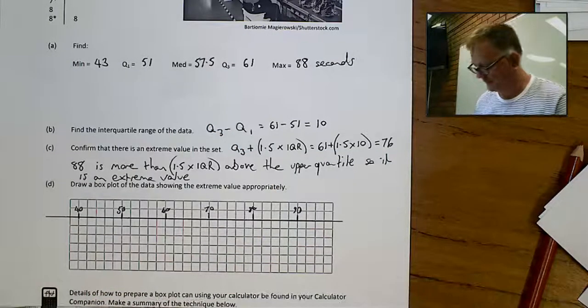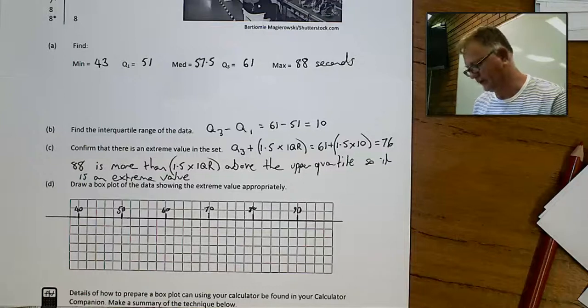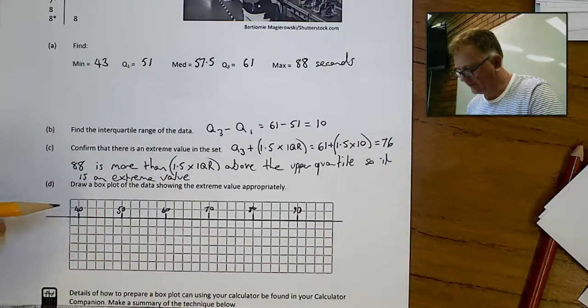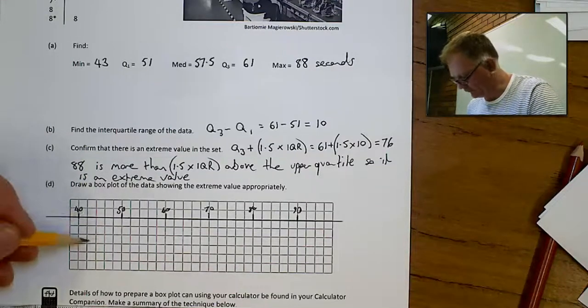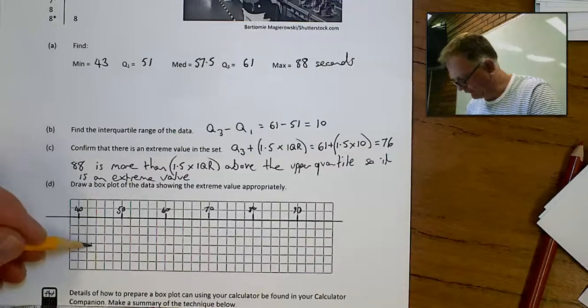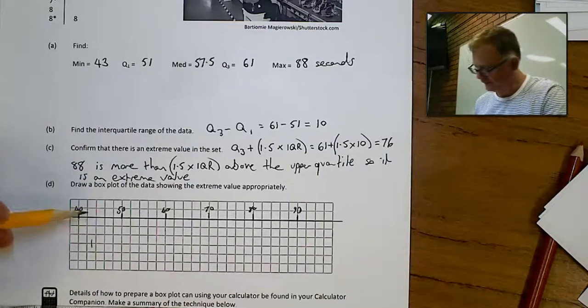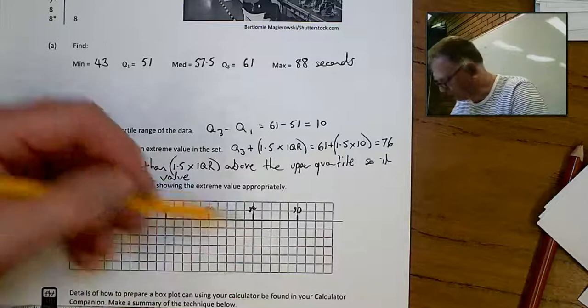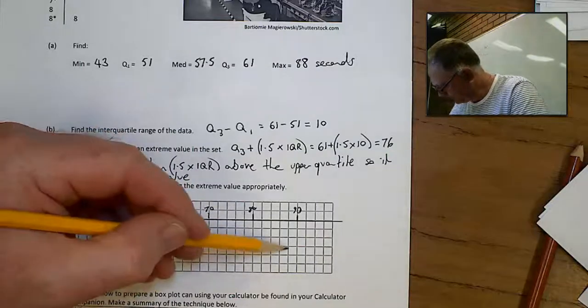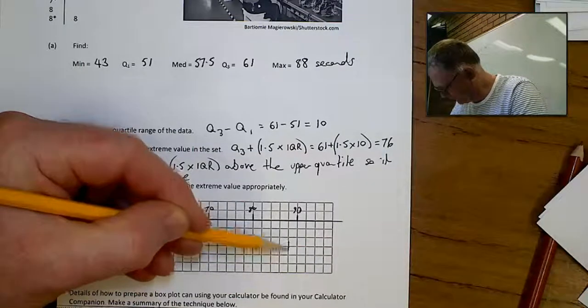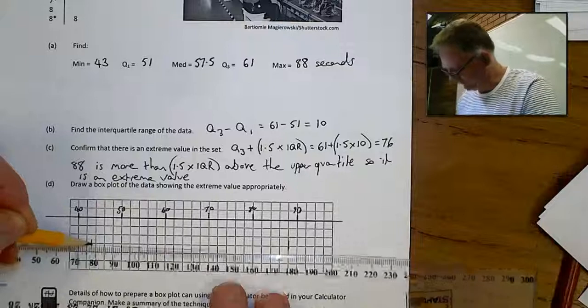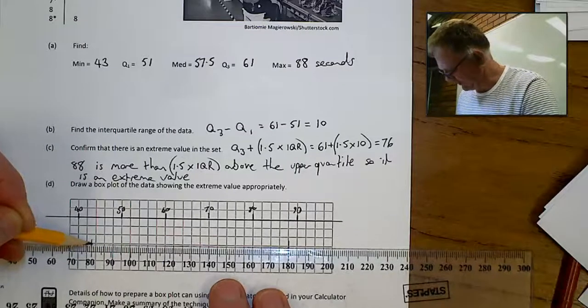Okay, so the box plot. Now normally this is how we do it. We'd normally start at our minimum score, 43, so we're going up in twos, remember, so that must be 43. And our upper score is 88. I'll just put it there for the moment. Go up to 88. And draw in pencil. I'll draw a line between them.